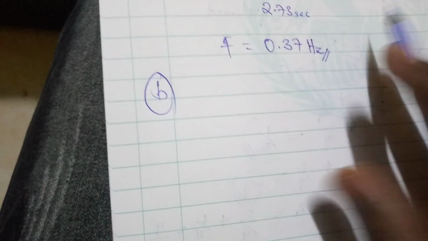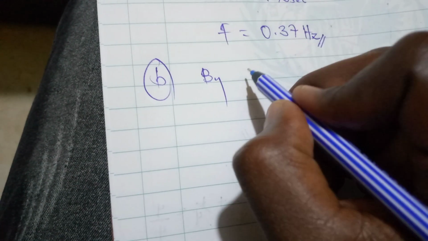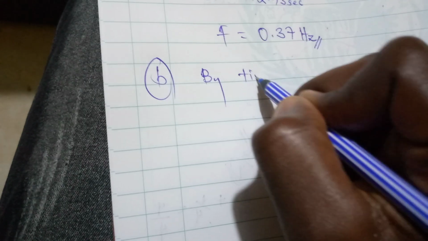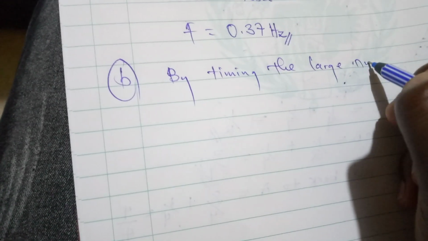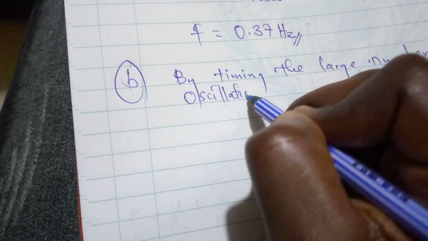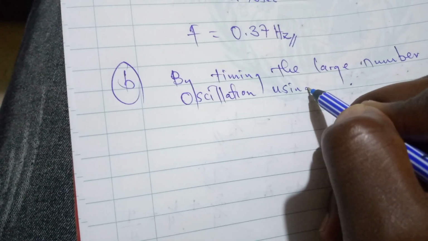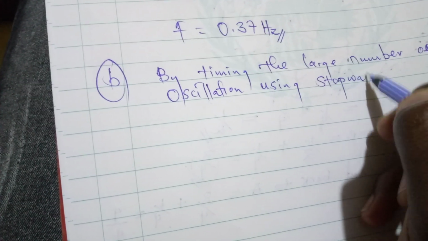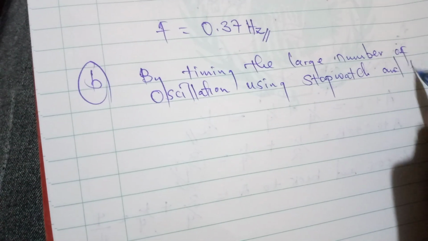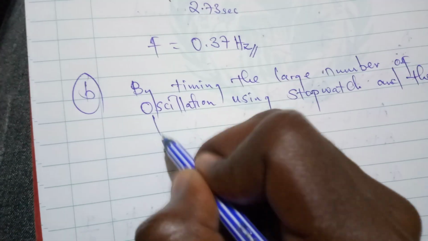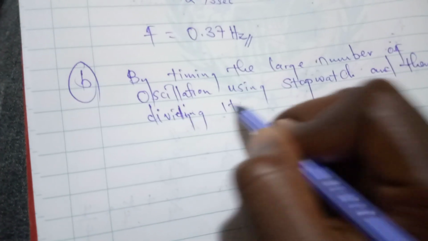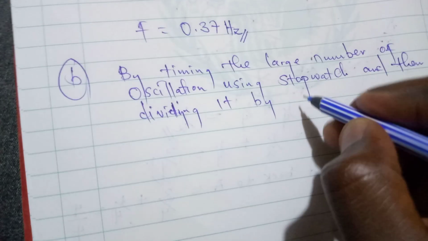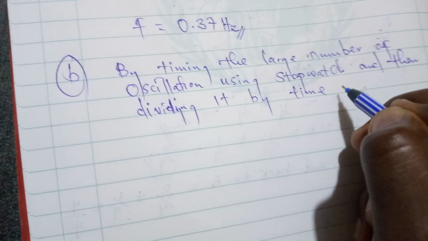So the period of the pendulum can be measured by timing a large number of oscillations using a stopwatch, and then dividing it by the time given.